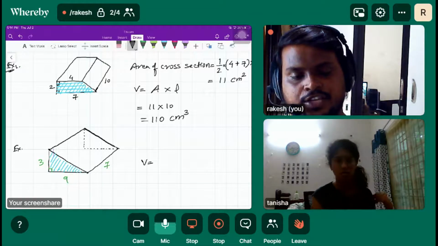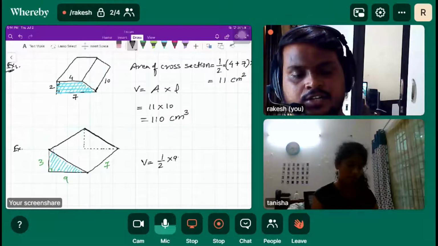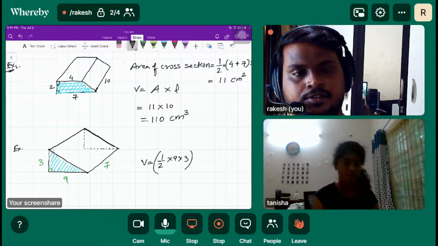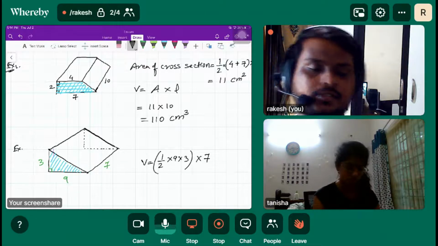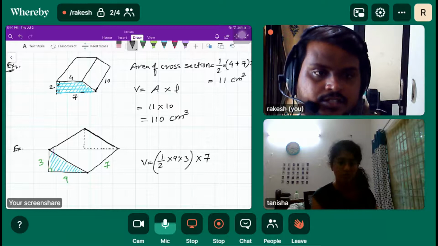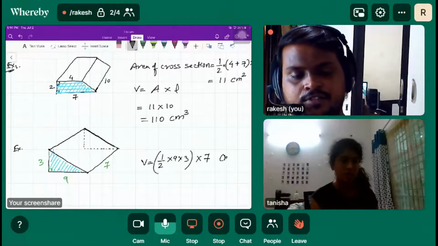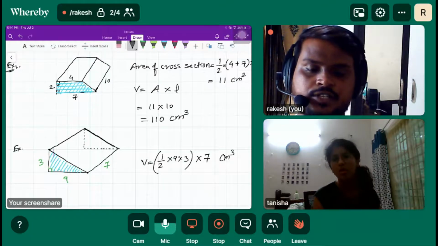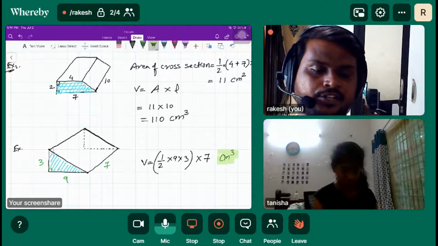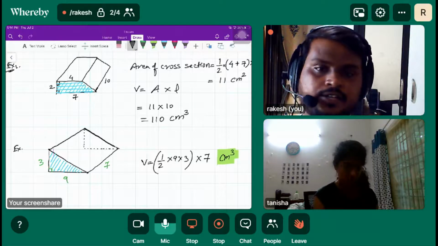So the area of cross section is, it's a right angle triangle, so half into 9 into 3, right? This is the area into length 7. So whatever the answer is, the unit of this would be centimeter cube always. Never skip writing the unit of the volume.